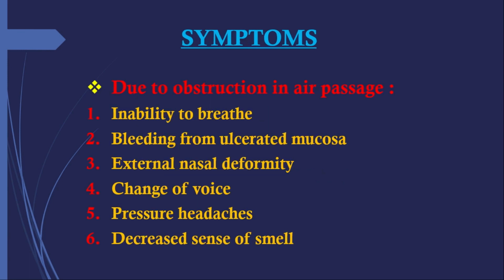Now, symptoms we talk about can be divided into two. One, due to obstruction in an air passage. One can have inability to breathe or difficulty in breathing through the nasal cavity, which could be either unilateral or bilateral, depending on the type of DNS.